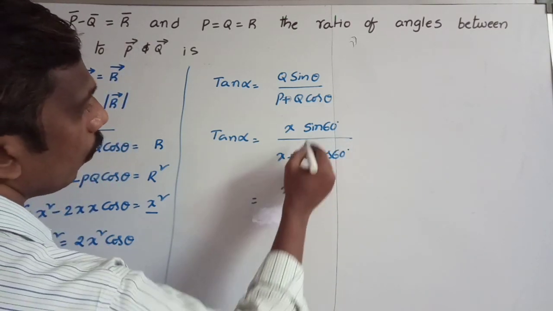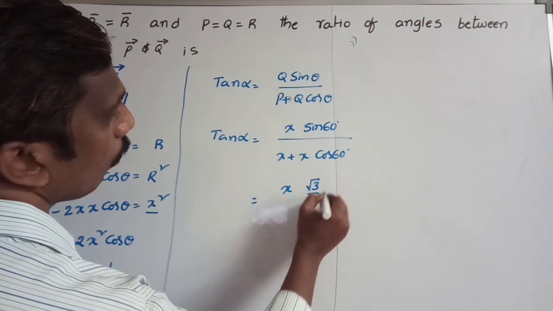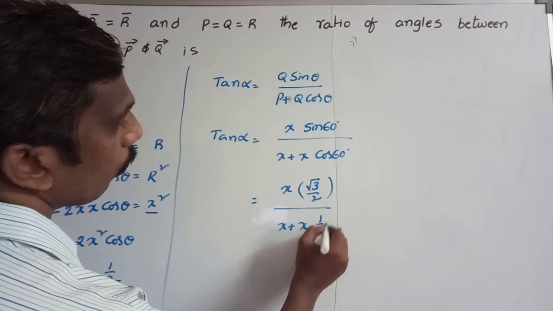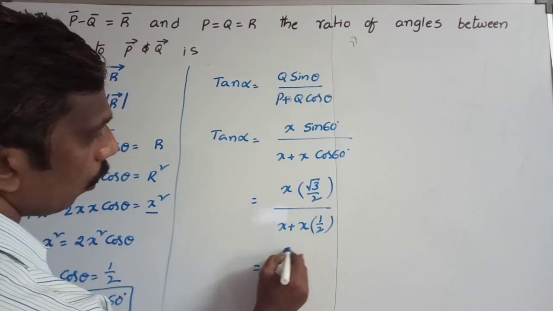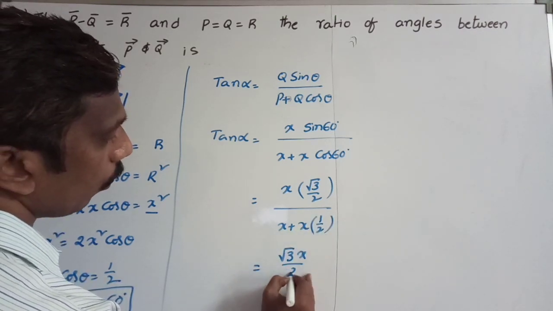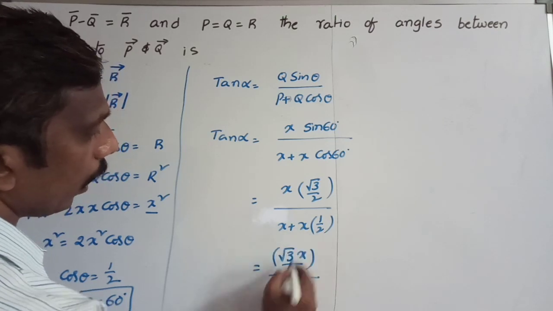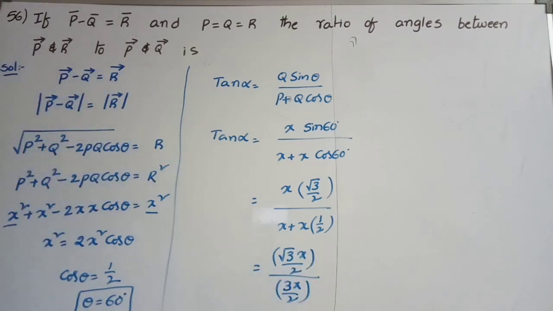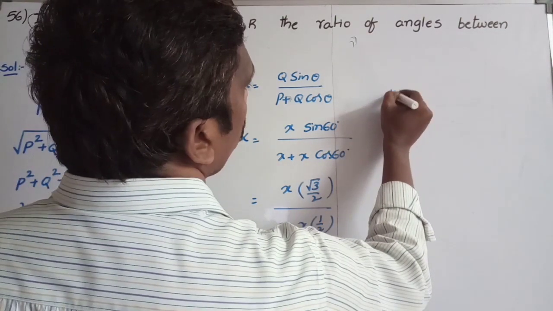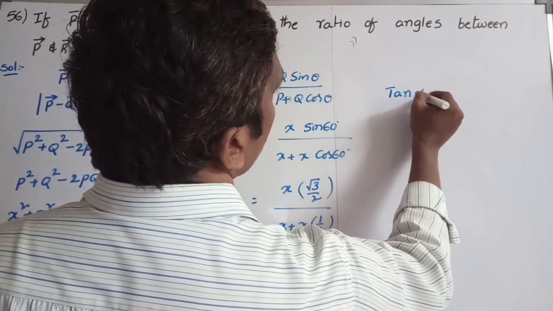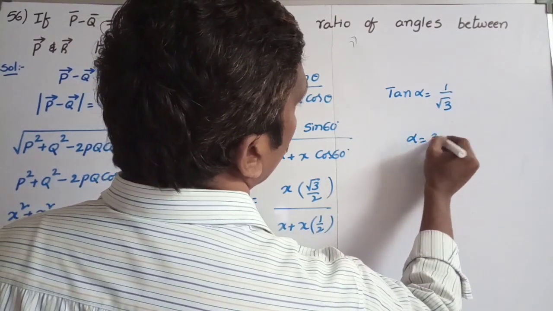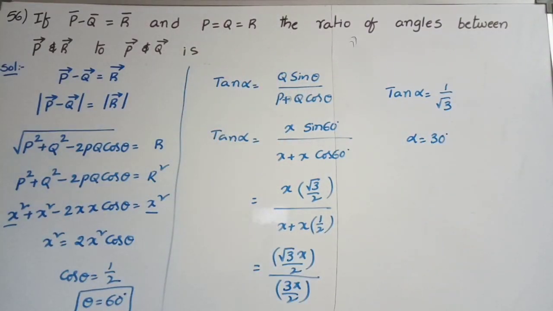So x into sin 60 degrees value root 3 by 2 divided by x plus x into 1 by 2. So root 3 into x by 2 whole divided by 3x by 2 we can get. X by 2 get cancelled. From this we can get tan alpha is equal to 1 by root 3. From this we can write alpha is equal to 30 degree.